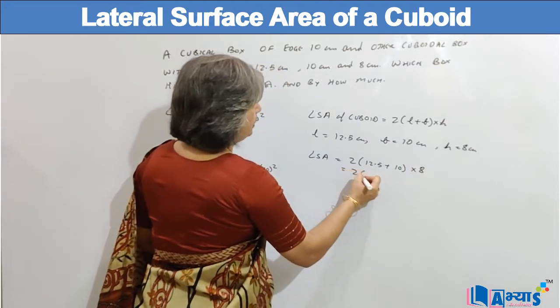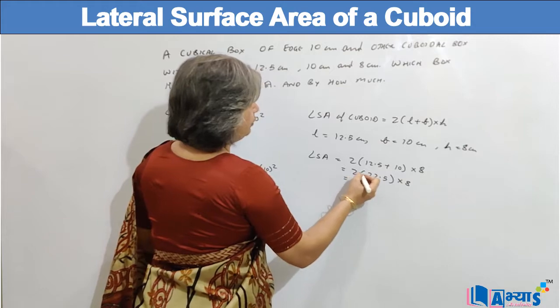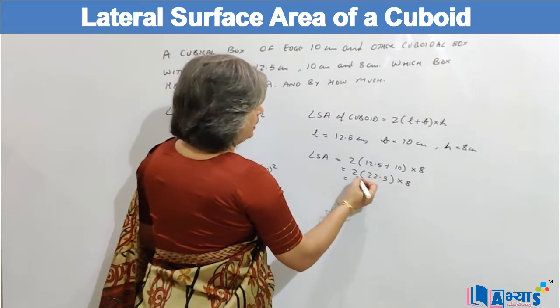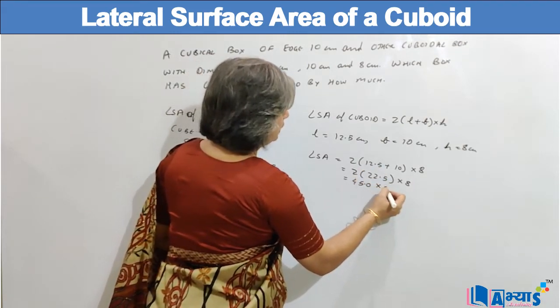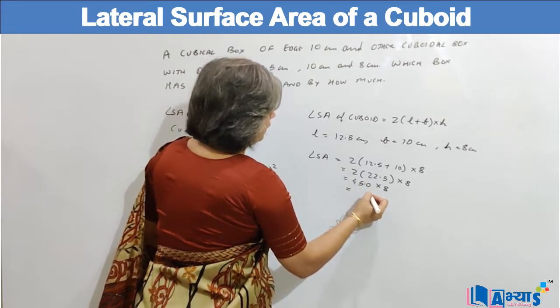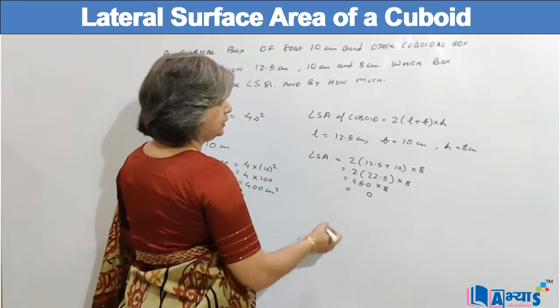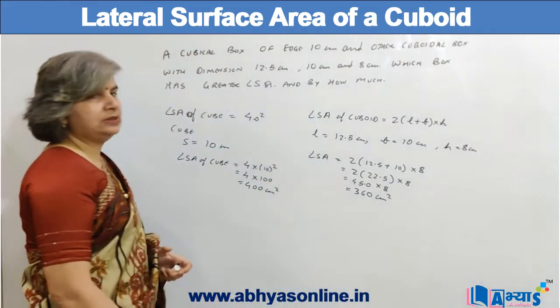So it will be 2 into 22.5 into 8. Now 2 into 22.5 is 45, and 45 into 8 is 360 centimeter square.